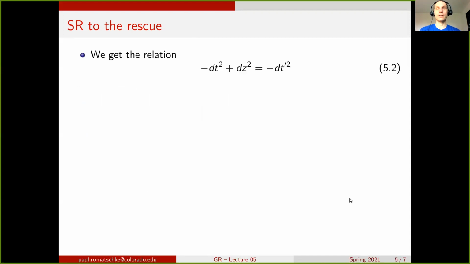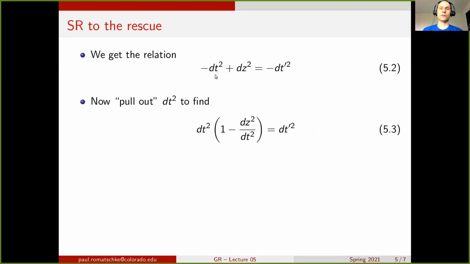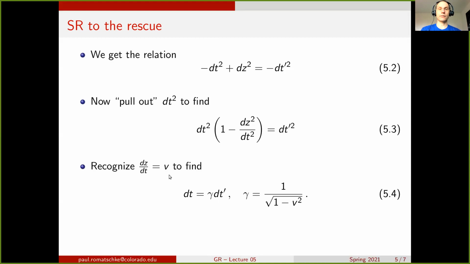We are left with the relation minus dt squared plus dz squared is minus dt prime squared. Now we pull out the factor of dt squared from the left to find 1 minus dz squared over dt squared is dt prime squared. Then we recognize the factor dz by dt to be nothing else but the velocity. So this factor is 1 minus v squared. If you bring it to the other side and take the square root, we find that dt is this gamma factor, which is 1 over the square root of 1 minus v squared, times dt prime.